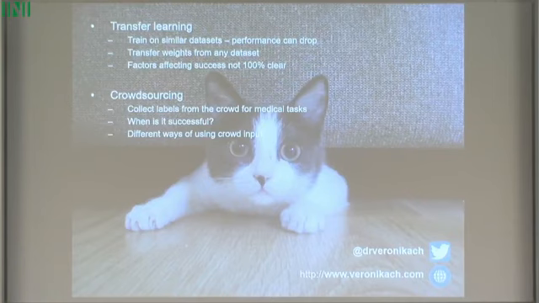And the second one was crowdsourcing, where we're collecting labels from a crowd without medical expertise for different tasks. Also there, we want to know better what makes it successful, and what is the best way to use those labels, if at all. Thank you for your attention.